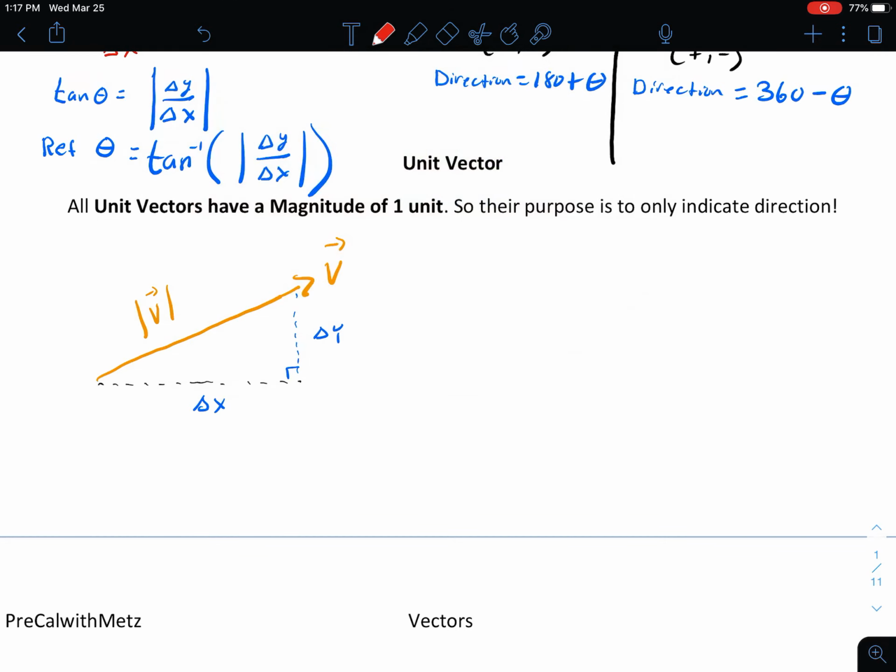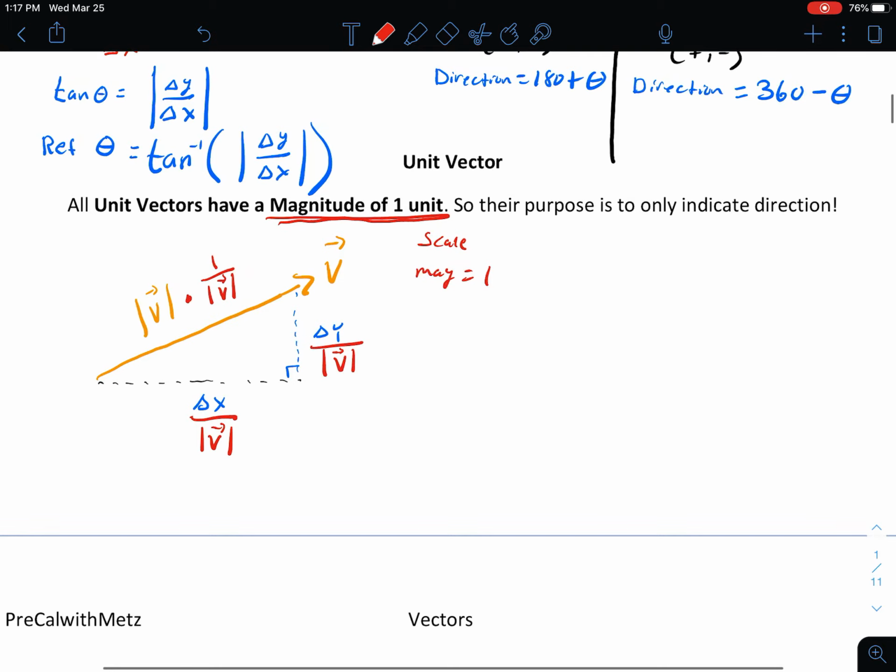Now, because all of these unit vectors have a magnitude of 1 unit, I have to scale this vector so that the magnitude is equal to 1, which means that I'm going to multiply all of the sides of this triangle by 1 over the magnitude, or basically just divide by that.